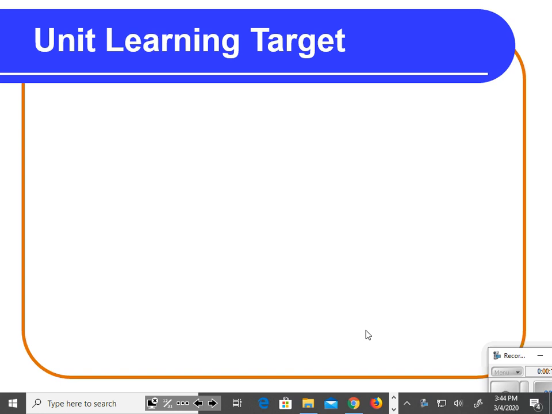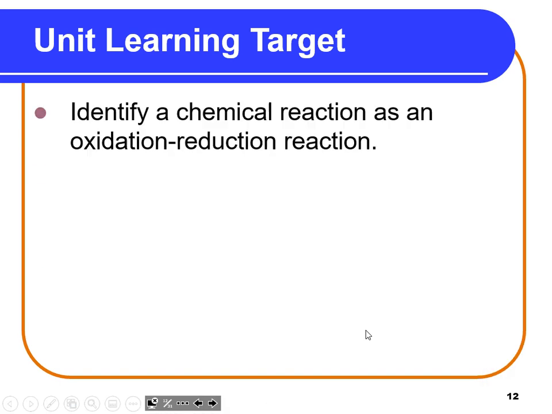If you look up on the board, we can see that our learning target, once again, is to identify a chemical reaction as an oxidation reduction reaction.